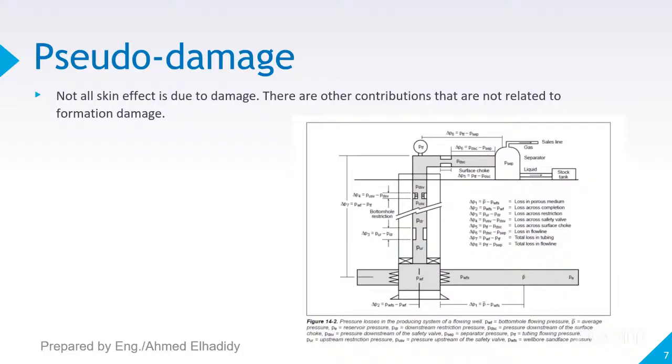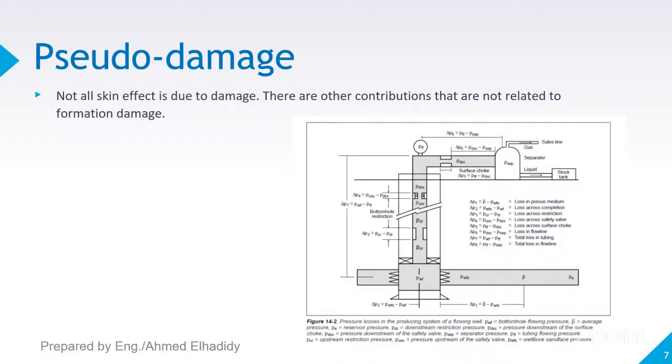It could be a laminated reservoir, or an uneconomic or limited reservoir. We have several possibilities that can cause what we call pseudo damage. This damage is not a direct damage due to scale, fine migration or mineral problems. It's a damage related to a mechanical issue or to the well or reservoir properties themselves.